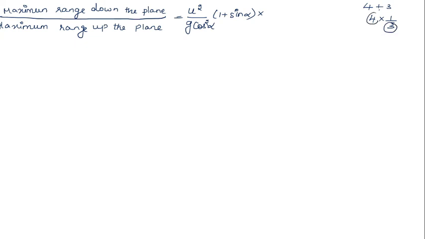Reciprocal in the sense the denominator will be in the numerator and the numerator in the denominator. So it will be g cos squared alpha divided by u squared, and 1 minus sin alpha will be in the denominator. So these terms will get cancelled. We'll get 1 plus sin alpha divided by 1 minus sin alpha. So finally we proved that the ratio is 1 plus sin alpha and 1 minus sin alpha. Thank you, students.